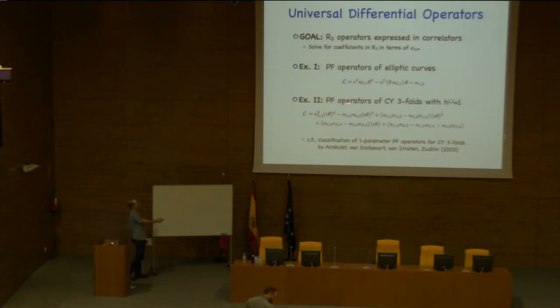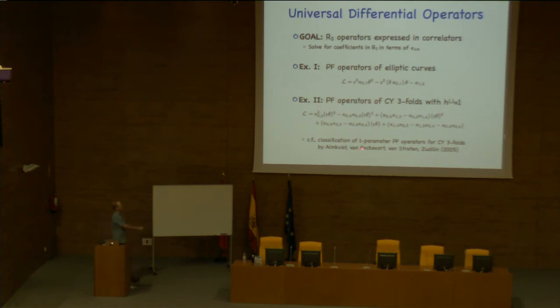Another example would be Picard-Fuchs operators of Calabi-Yau folds with a single Kähler modulus. For these types of geometries, you also can universally write down a corresponding Picard-Fuchs operator, which now depends on a bunch of correlators that you need to compute. And actually, there are also still some algebraic differential relations among these correlators. So it turns out that you only need to compute 3 correlators in order to arrive at the Picard-Fuchs operator for Calabi-Yau folds with 1 modulus.